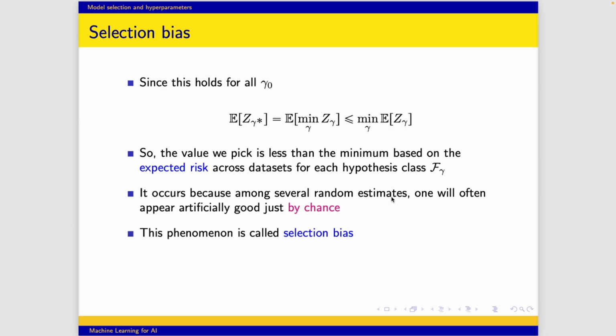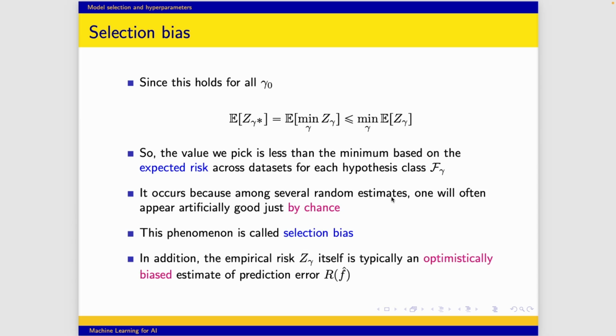So by using our empirical risk, we have this type of bias, selection bias. But in addition to this, we have another type of bias, which we already know about. And that is in using the empirical risk to estimate the true risk. Our empirical risk estimate of our ERM solution is not an unbiased estimate of the true risk of the ERM solution, F hat.